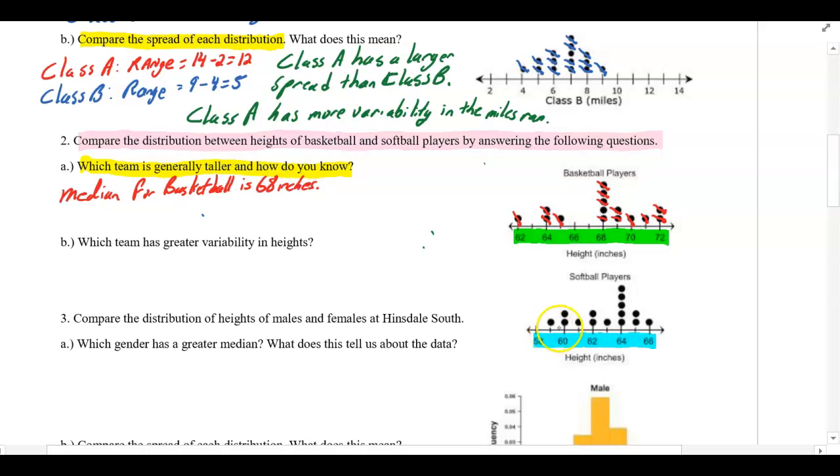In contrast, if I were to find the median for the softball players, again by crossing off, working my way towards the middle, I see the median height is 64 inches.